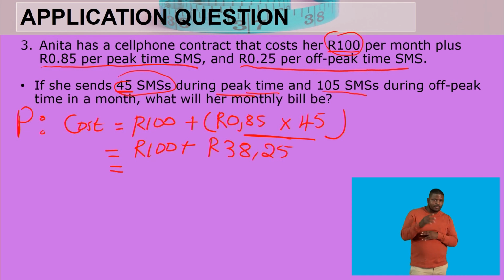On this side we still remain with our 100 Rand. So when we add the two, 100 Rand plus 38 Rand 25 cents, I hope you are adding with me, the answer is 138 Rand 25 cents. This is the amount that she will pay during the peak time.